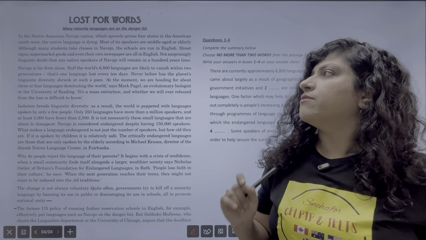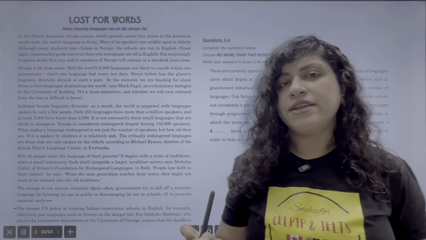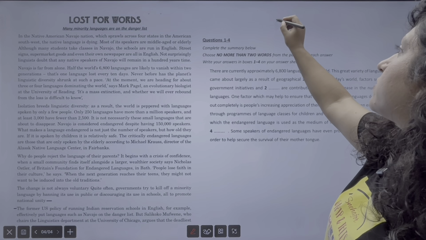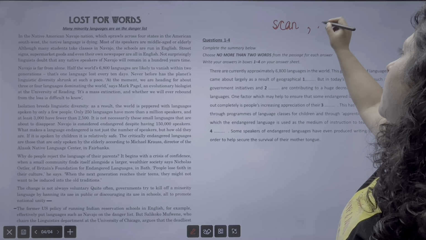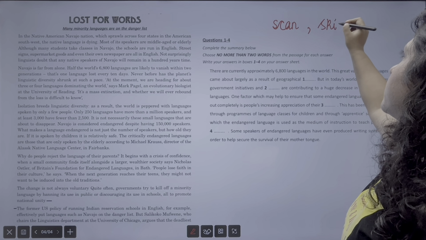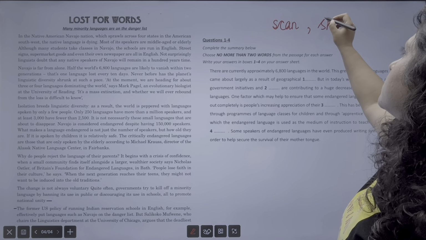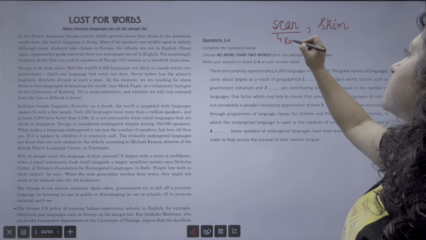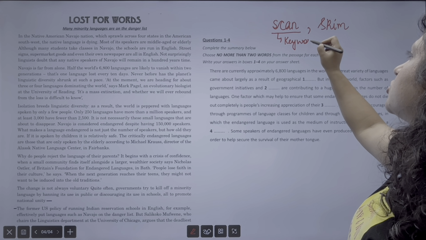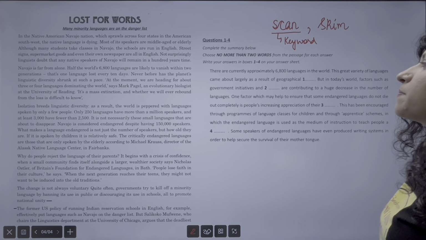Do not waste your time reading each and everything that's there in the text. If you remember, we talked about these 2 skills, scanning and skimming. I'm going to repeat it once again over here. So scanning is when you search for some keywords, some key information in the text.